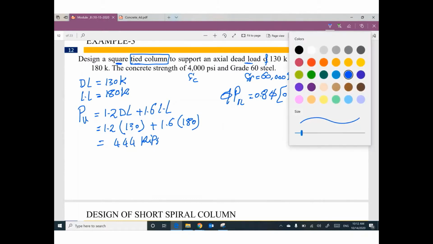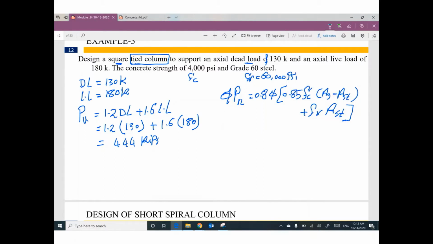Just a hint: what is the design philosophy behind ultimate state? P ultimate smaller than or equal to phi Pn. If you would like to design from scratch, I'm going to assume P ultimate equals phi Pn. That means this side will be 444 kips.